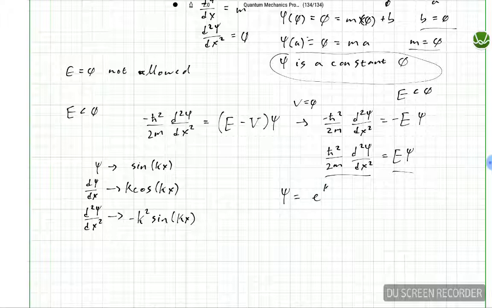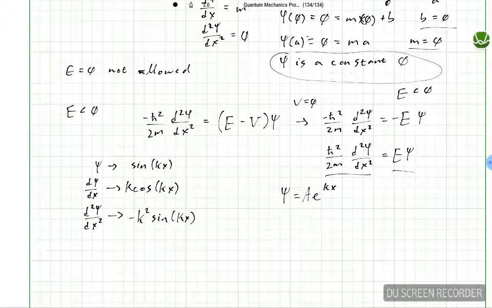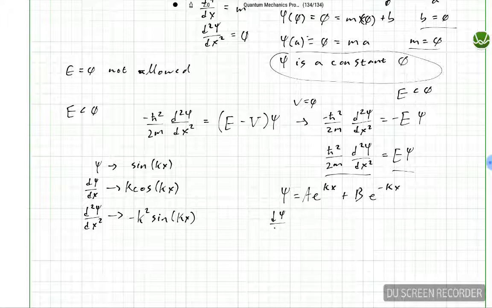That means we're dealing with something that looks like, let's say, e to the kx. We could say a times e to the kx plus b times e to the negative kx. So then when we take the derivative of that, we get a k e to the kx plus negative b k e to the negative kx.